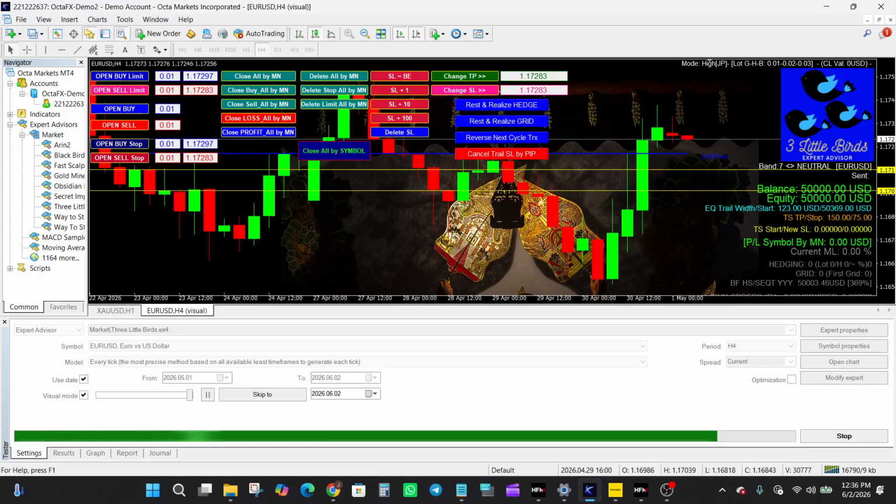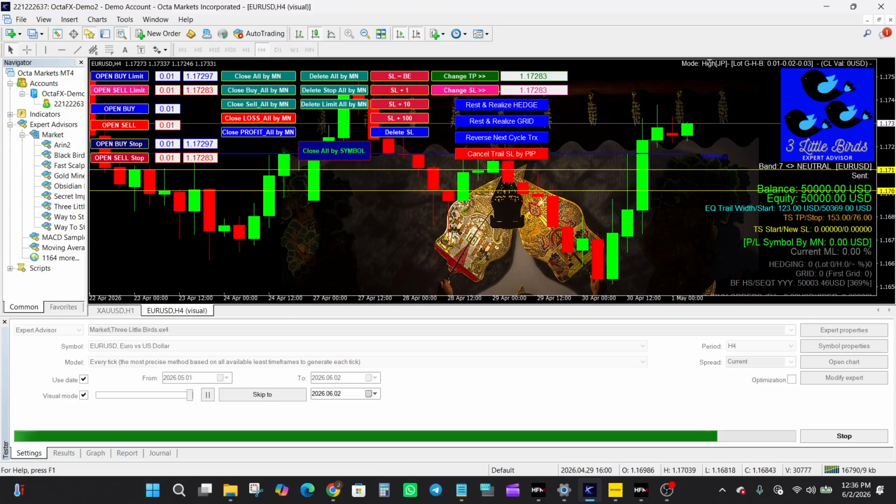In other phases, we might observe hedging activity where positions appear to offset each other as the system attempts to manage reversals. However, without assuming internal logic beyond what is provided, what we can focus on is how the system behaves visually during different market conditions, particularly how it handles prolonged trends versus reversals and consolidation phases.